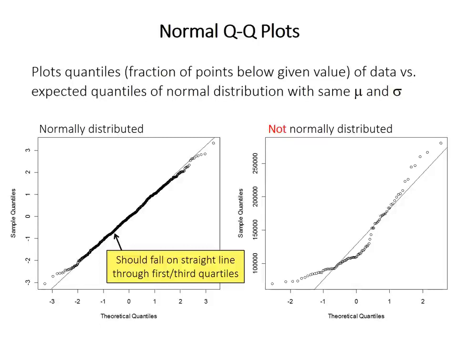So a quantile is just a fraction of points smaller than a given value. So the x-axis is what you would expect for a normal distribution with the same mean and standard deviation as the data. So if the data are normally distributed, the points here should follow along this straight line, especially in the middle of the distribution.